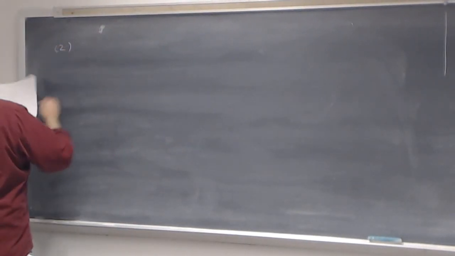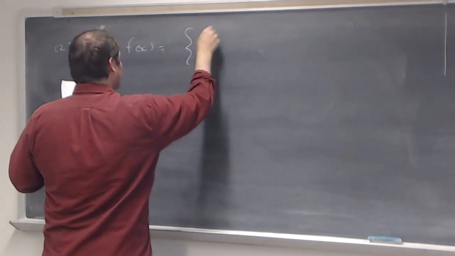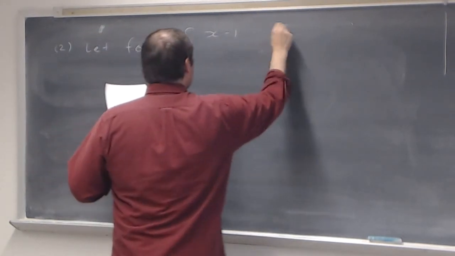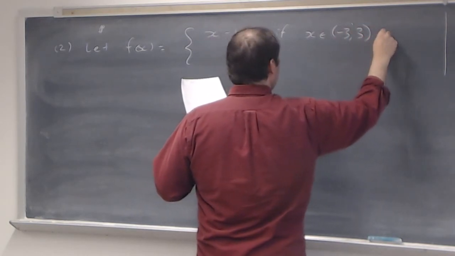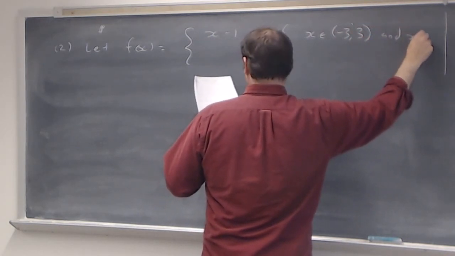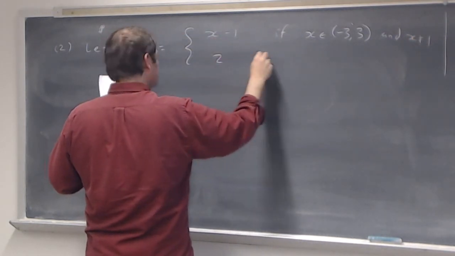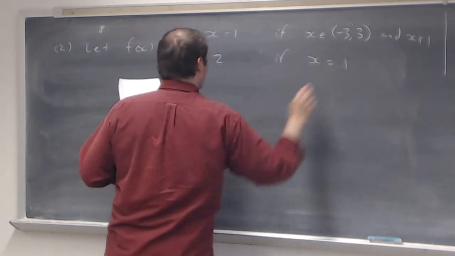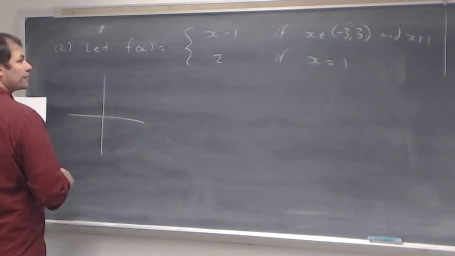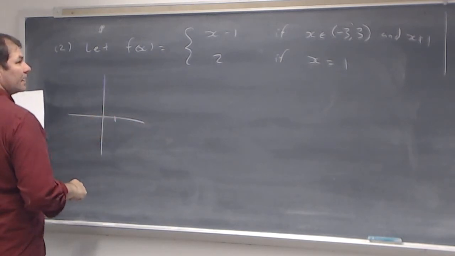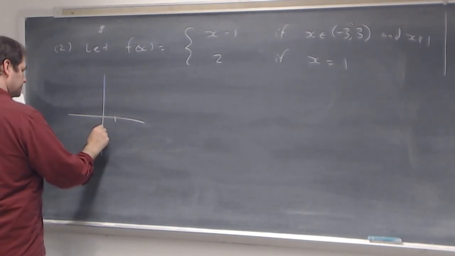For the second example, we'll let f of x be equal to x minus 1 if x is an element from -3 to 3 and x is different than 1, and we'll have it defined to be 2 if x equals 1. And so we'll go to graph this. So 1's here, and it's x minus 1, so at 0 we get -1.